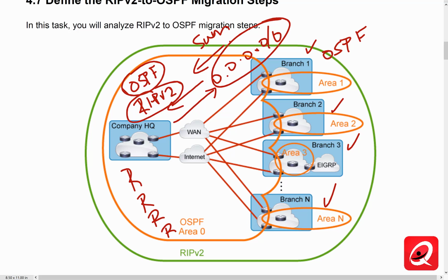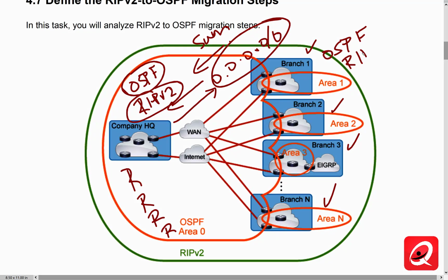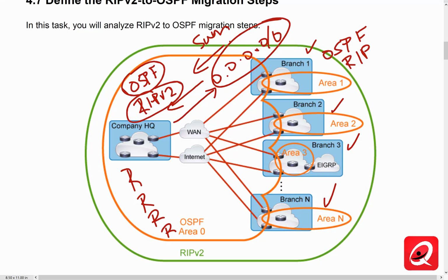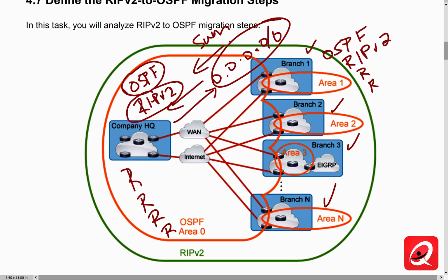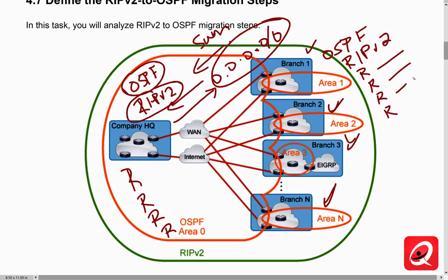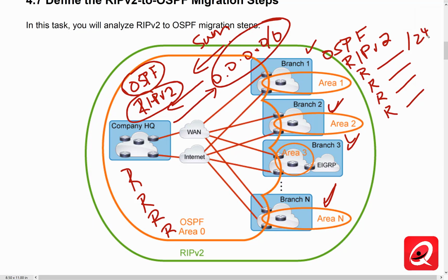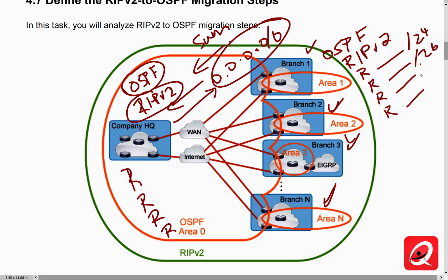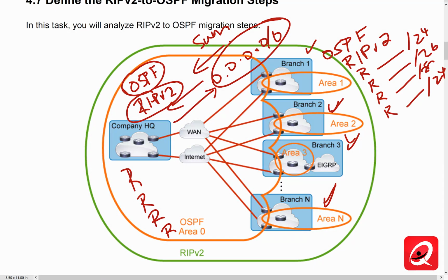Now, there is one downside to this approach, to doing this migration. If RIP still exists on this router, and we have to assume that we're not doing redistribution with RIP, we're going to have a bunch of RIP routes for all of these branch destinations that are going to have a longer prefix length than, say, the default route, 0.0.0.0/0.